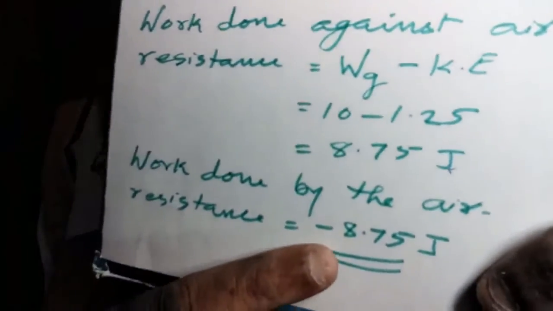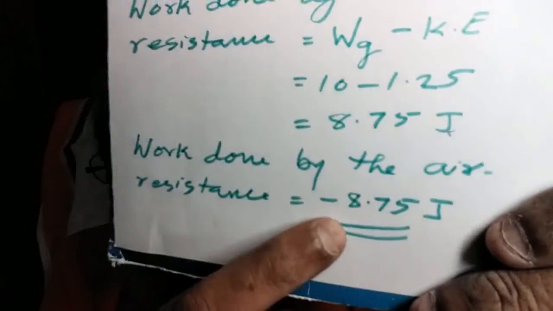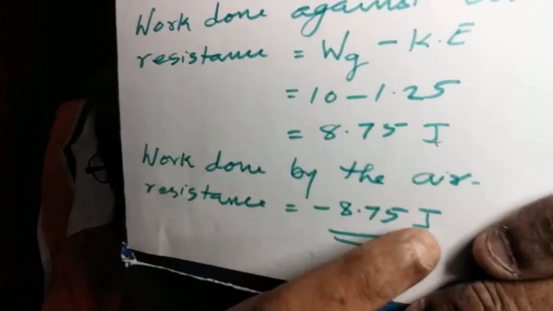Choices will contain both plus and minus. Minus is the correct answer, because when the drop comes down, moving down, air resistance is upward. So displacement is opposite to the force. Work done by air resistance must be negative. So it is minus 8.75 joule. Thank you.